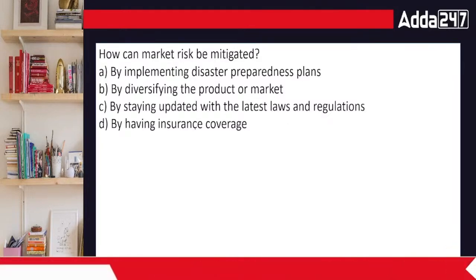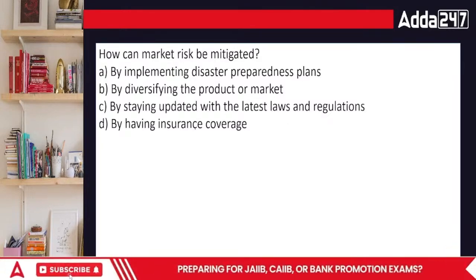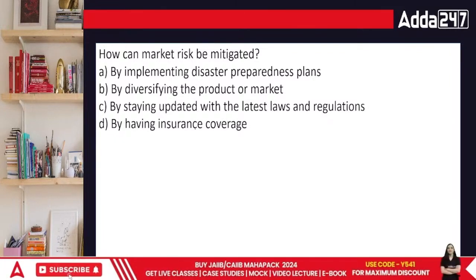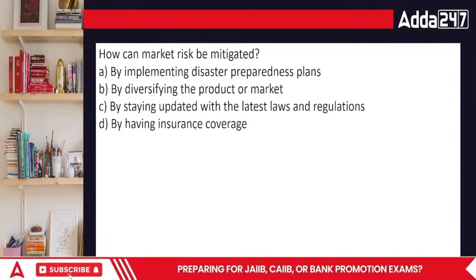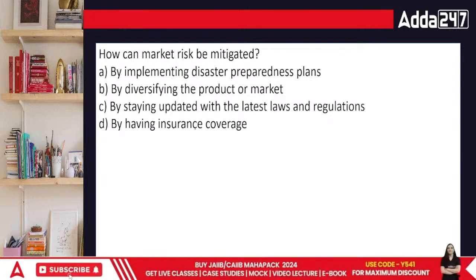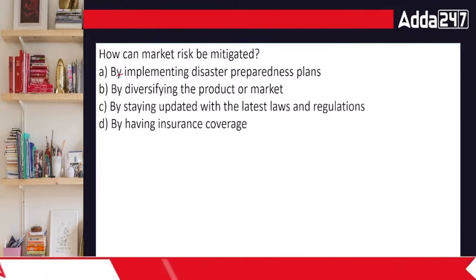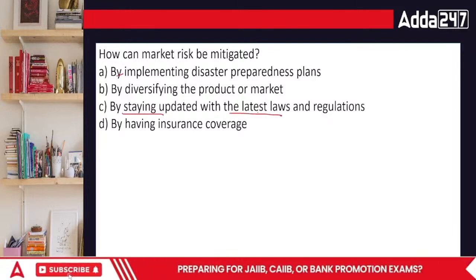How can market risk be mitigated? By implementing disaster preparedness plans, by diversifying the product or marketplace, by staying updated with the latest laws and regulations, by having insurance coverage.